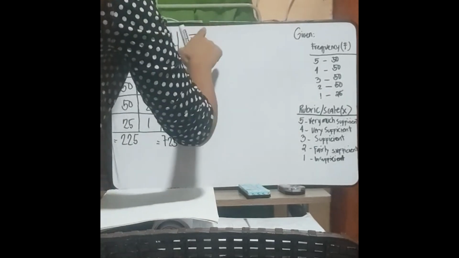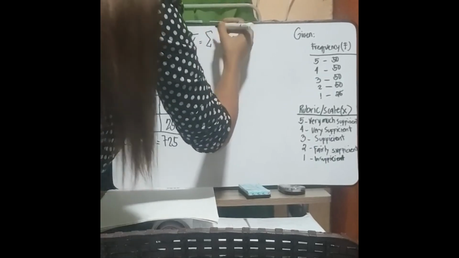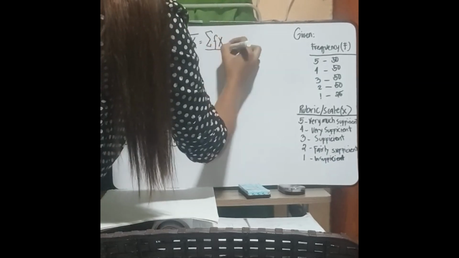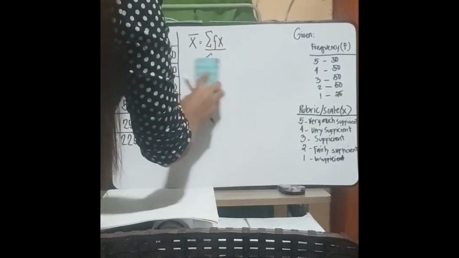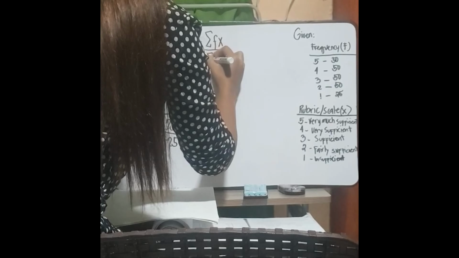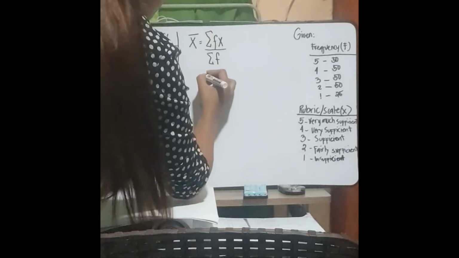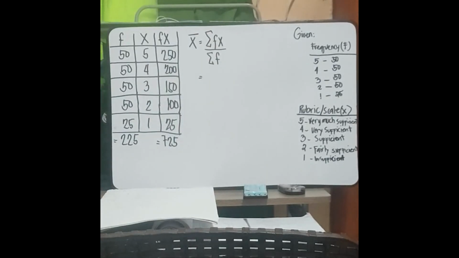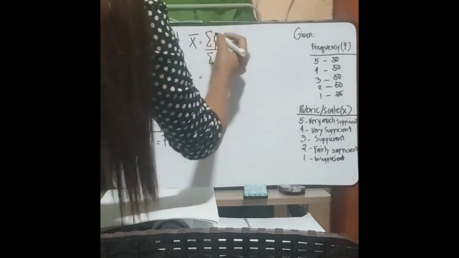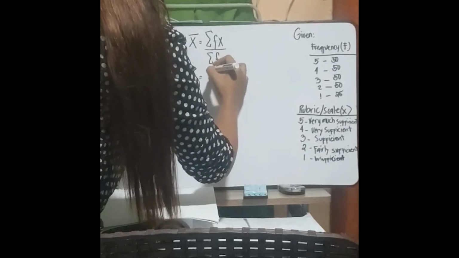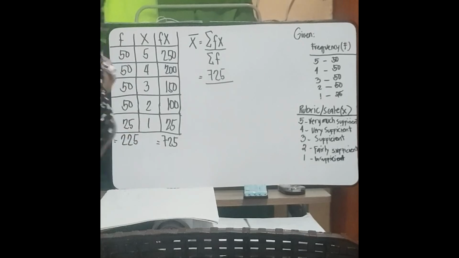So we have mean is equal to the summation of F on X over the summation of F. Okay, so now the summation of F on X is 725 over the summation of F, so we have 225.